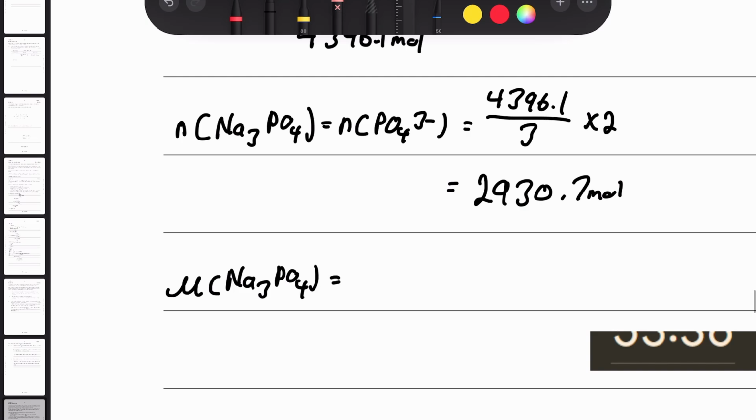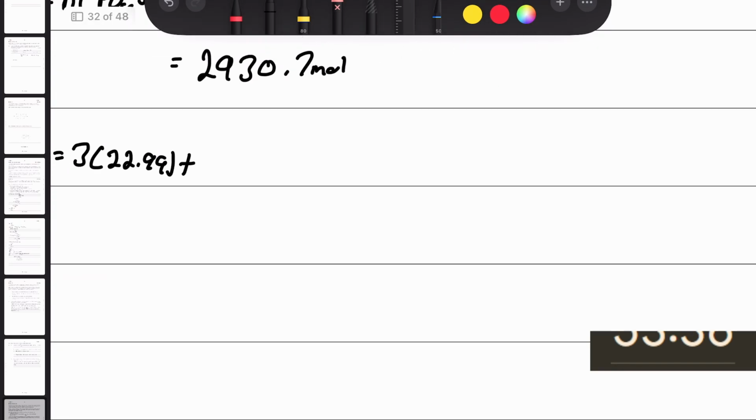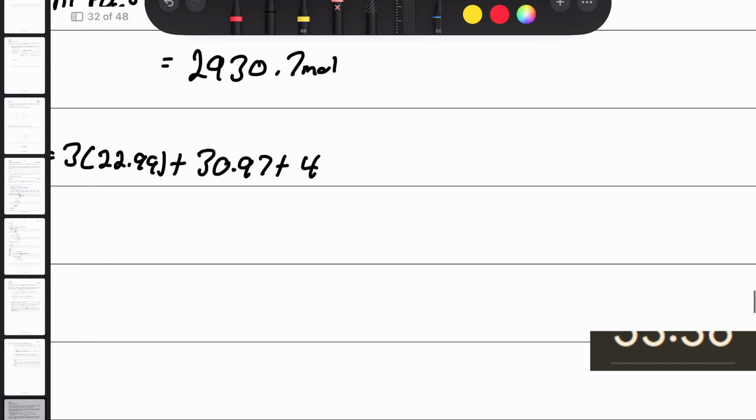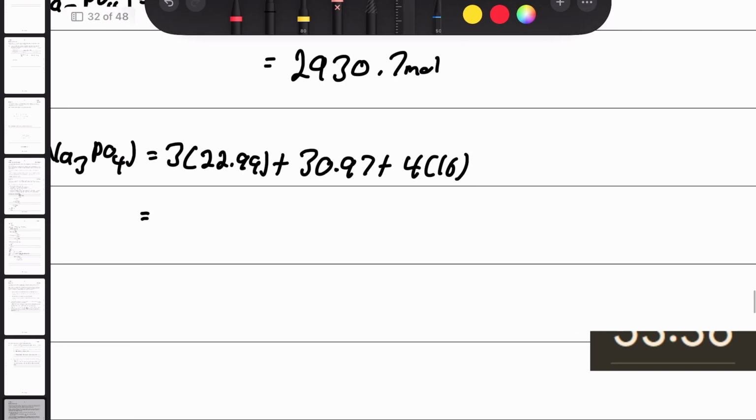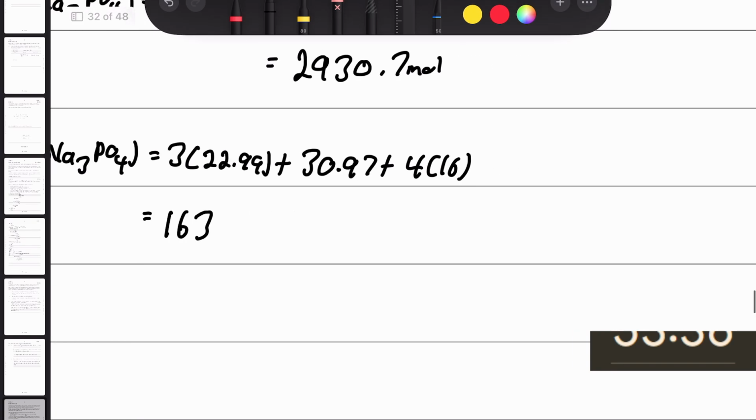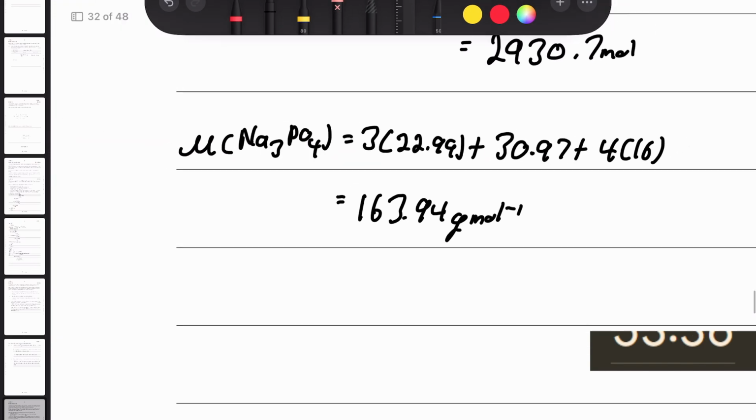And my mass of Na3PO4 is going to be equal to 3 times 22.99 plus phosphorus is 30.97 plus 4 oxygens. So 3 times 22.99 plus 30.97 plus 4 times 16, 163.94 grams per mole.